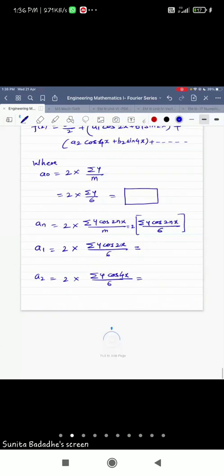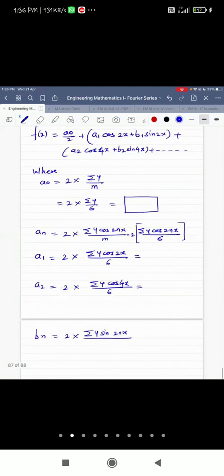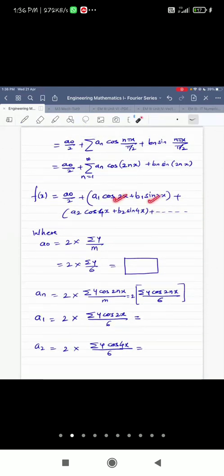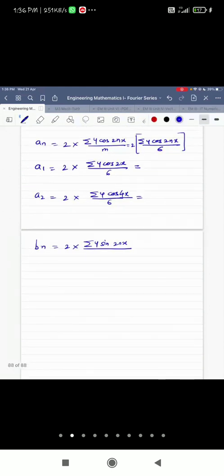So similarly, Bn, what is the Bn formula? It is 2 into summation y sine 2nx upon m. See, you don't have to remember anything. Whatever term is coming here in your bracket, the same terms you will have to consider in your formula, right? So you have y sine 2nx upon 6.